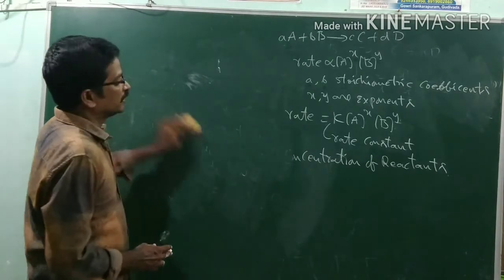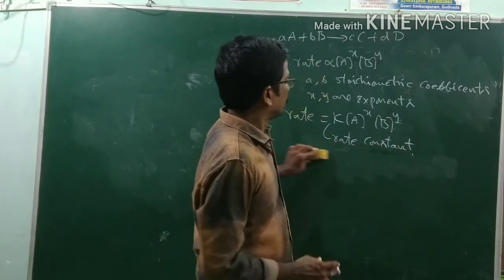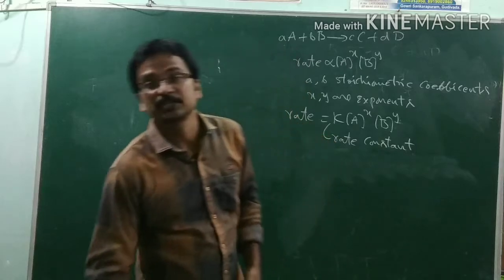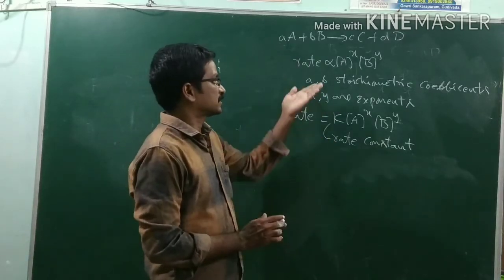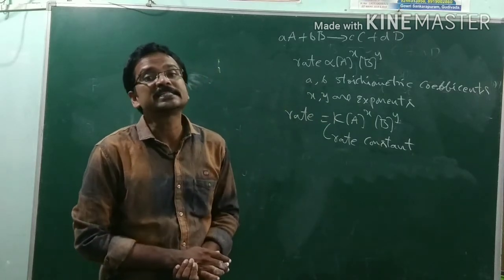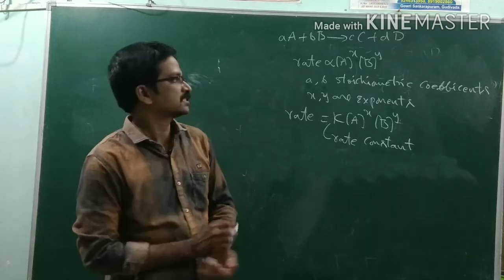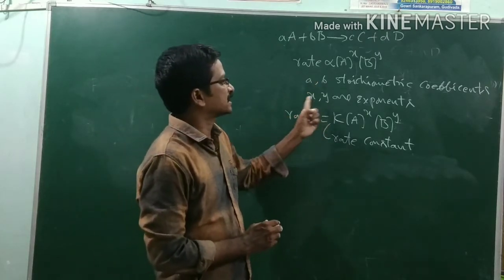From this equation, we may notice one thing: x and y are the exponents, and small a and small b are stoichiometric coefficients. In some cases, small a and small b may be equal to the x and y values.